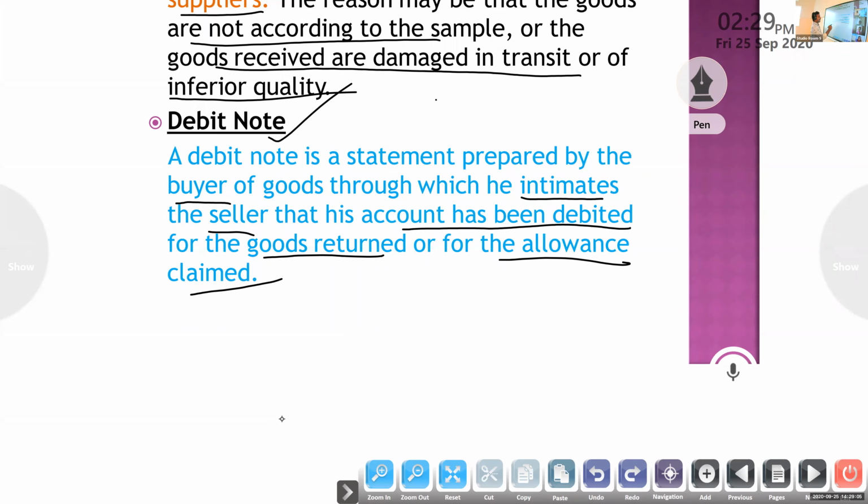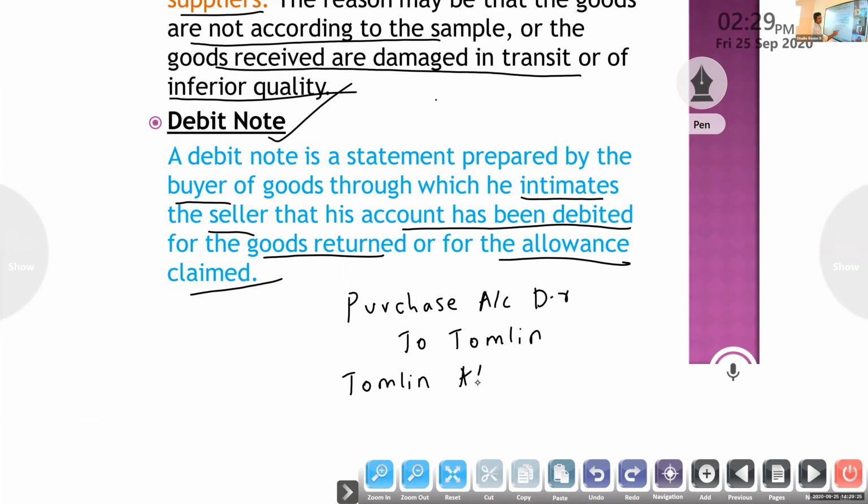Suppose we purchased goods from Tomlin, the entry will be purchase account debit to Tomlin. Now if you are returning the goods, then the entry will be Tomlin will be debited. So he intimates the seller that his account has been debited, so that's why debit note.